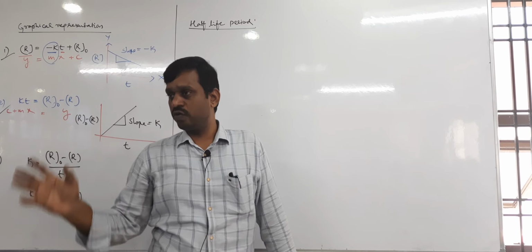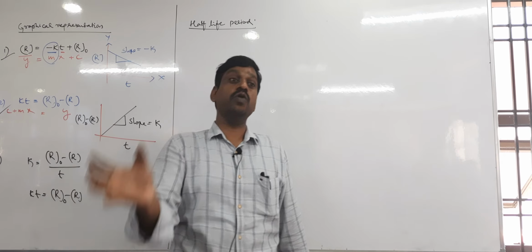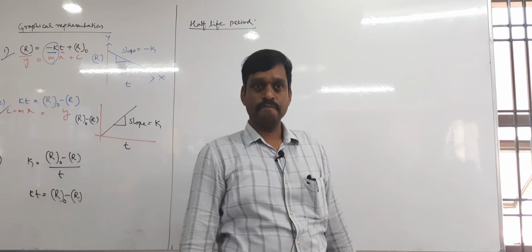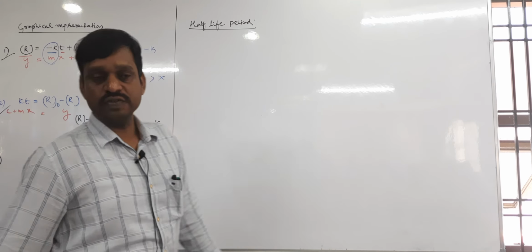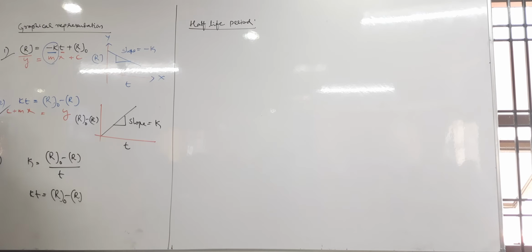So the time taken to convert half of the concentration of reactant into product is called half-life period.